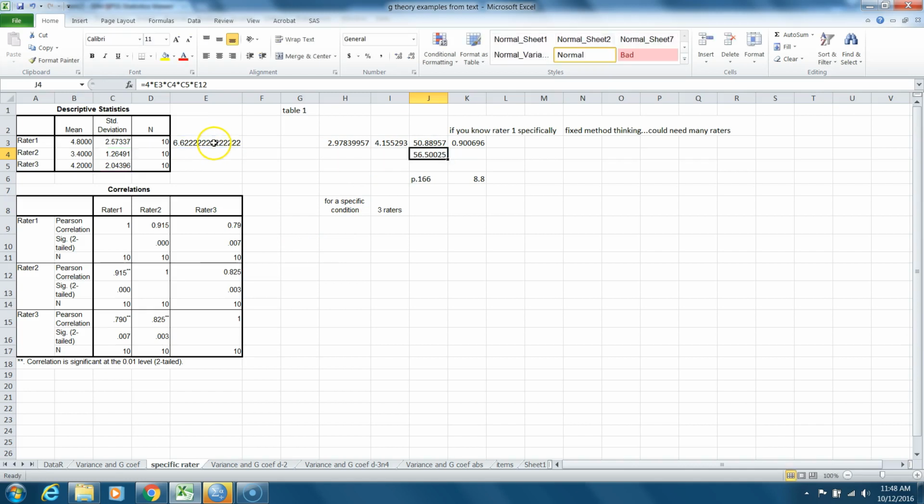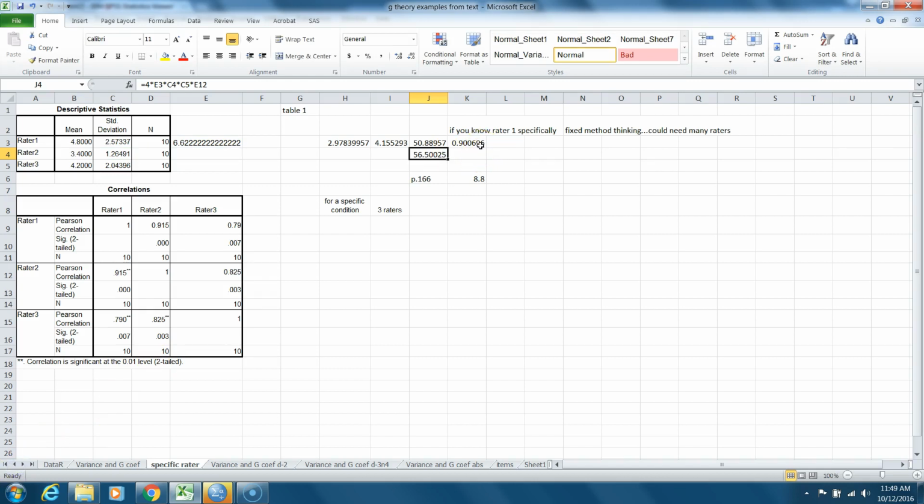E3 I have set up so that it's the variance of rater 1, because that's what we care about. We also have the standard deviations of person 2 and person 3, and finally the correlation between persons 2 and 3 in that denominator. That's just to walk you through.